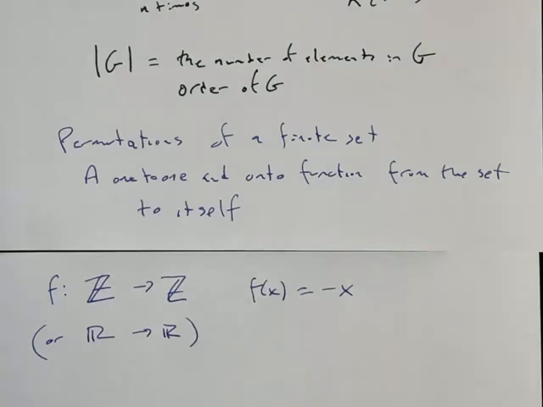An integer only has one negative of itself. If I say, hey, minus x equals minus y, multiply by minus 1 on both sides, then x must be equal to y. That's my proof. How do I know it's onto? Because all of the outputs are within the codomain, so within the integers, right?